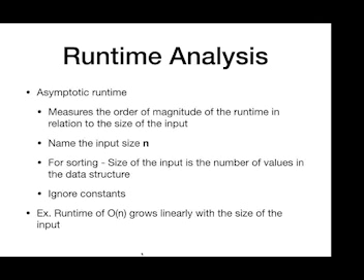We use big O notation for that, like we saw last time in 115. So big O of n means that the runtime grows linearly with the input size. Every time I add, say, k more elements, I'm going to have k times some constant additional runtime. The growth function is some linear equation.